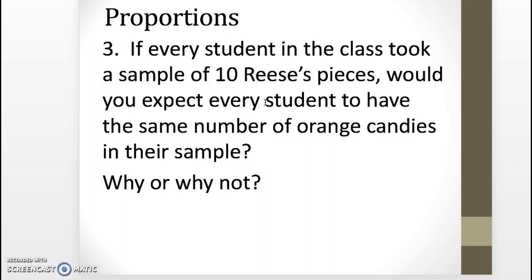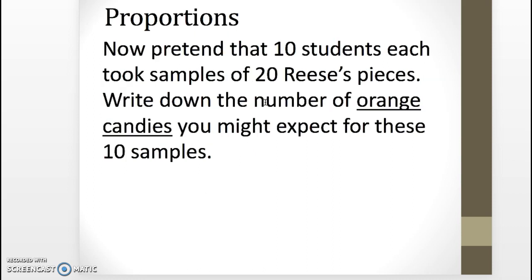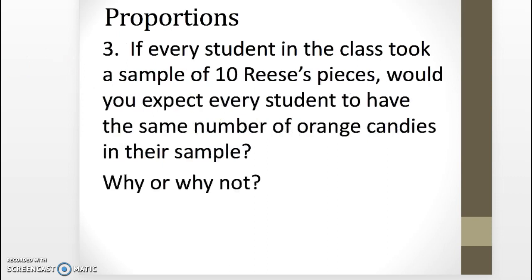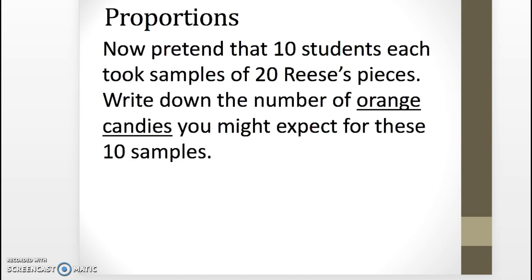Now let's change this up a little bit and pretend that 10 students each take samples of 20 Reese's Pieces, so 20 pieces of candy in each cup. If I would ask you to write down the number of orange candies you might expect for these 10 samples, those numbers of oranges are going to be larger compared to the sample of size 10, because you would expect approximately double the orange.